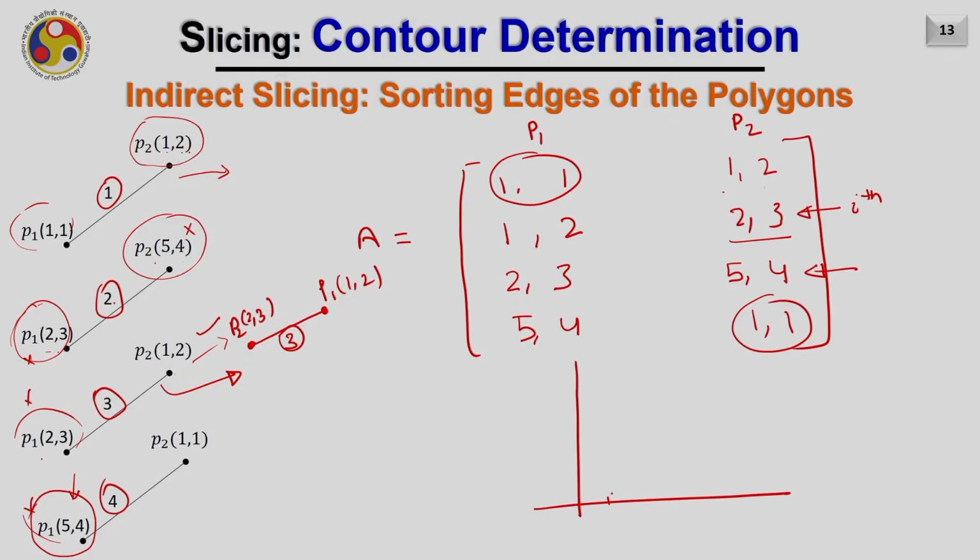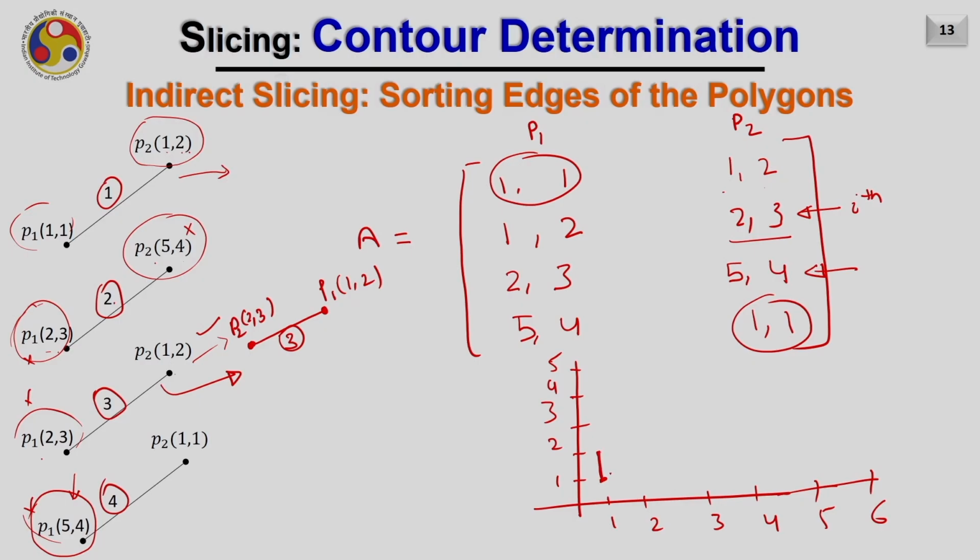Now, if you will draw, for example, this is 1, this is 2, this is 3, 5, 6 and similarly here 1, 2, 3, 4, 5. This is my point, and then 1, 2. This is my one line.